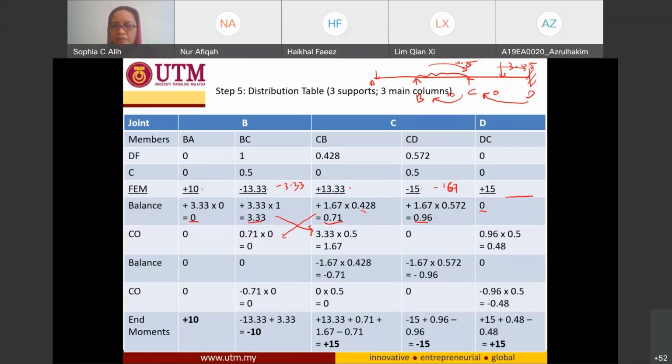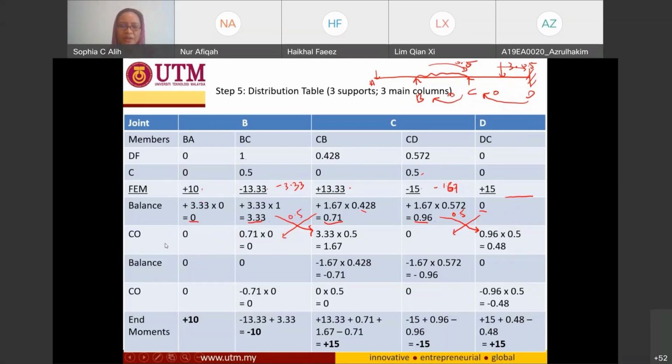So C 0.96, I carry over half to the support D. However, for support D, I don't have any carryover, so this is why it is called 0. So this one is 0.5 because they carry over here 0.5, and this is why I get 0.5 over here.